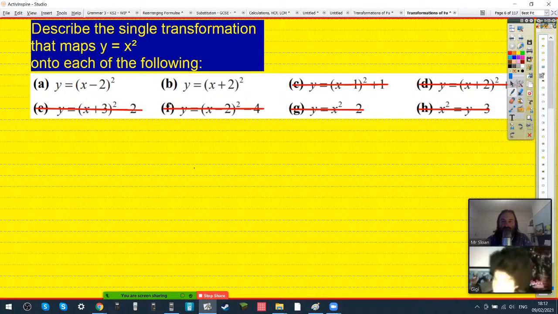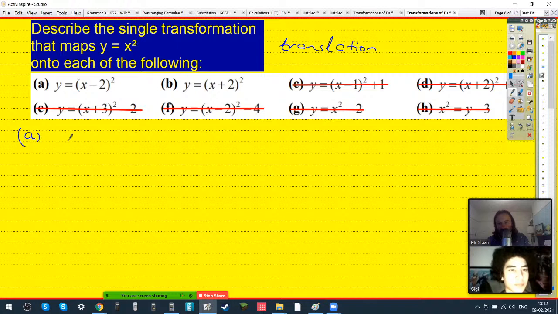Okay, this one. It was y equals x squared. It became y equals x minus 2 squared. And so you have to describe the transformation. All of these are a translation. By what vector? x minus 2. What happens to x? What happens to y?